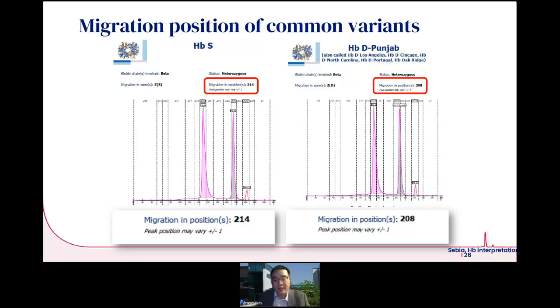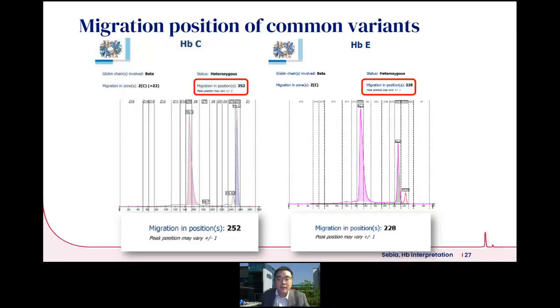For hemoglobin S, it will be 214. For hemoglobin D Punjab, it will be 208. Close but not the same. And of course, the better resolution in capillary electrophoresis allows you to separate the bands better so that you do not have the complication of misinterpretation.